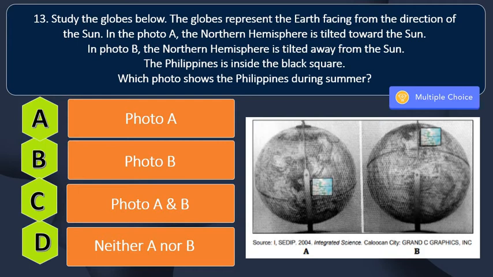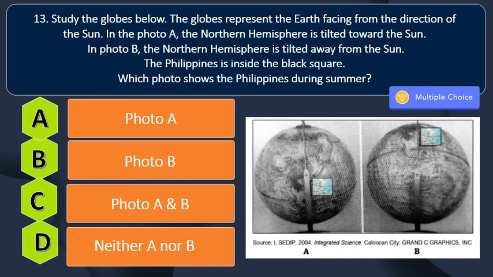Which photo shows the Philippines during summer? Is it A, photo A, B, photo B, C, photo A and B, and D, neither A nor B? That's correct. It's letter A, photo A. And let's proceed with the next question.